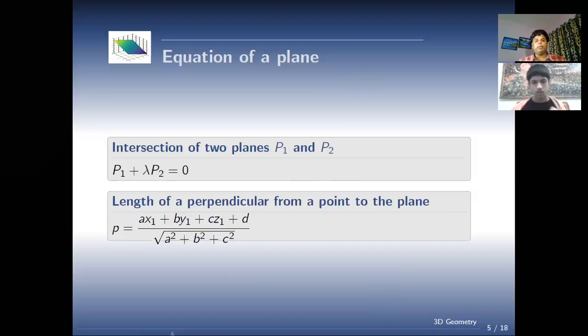Suppose I have the point x1, y1, z1, and I want to know the distance of the perpendicular that I can drop from the point x1, y1, z1 to the plane ax plus by plus cz plus d equals 0. It is (ax1 plus by1 plus cz1 plus d) over the square root of a squared plus b squared plus c squared.